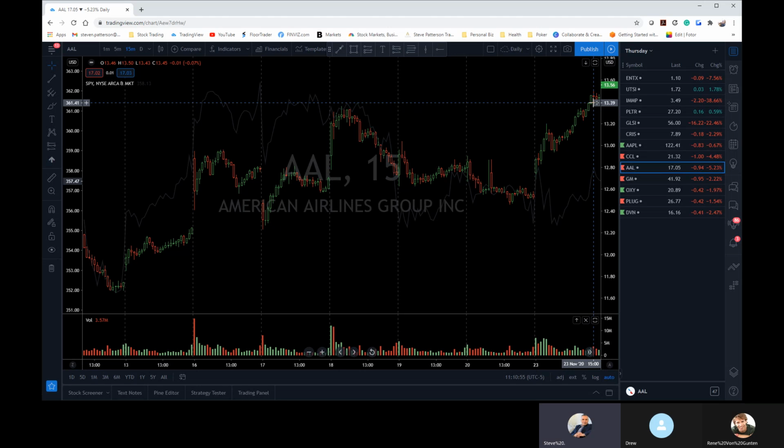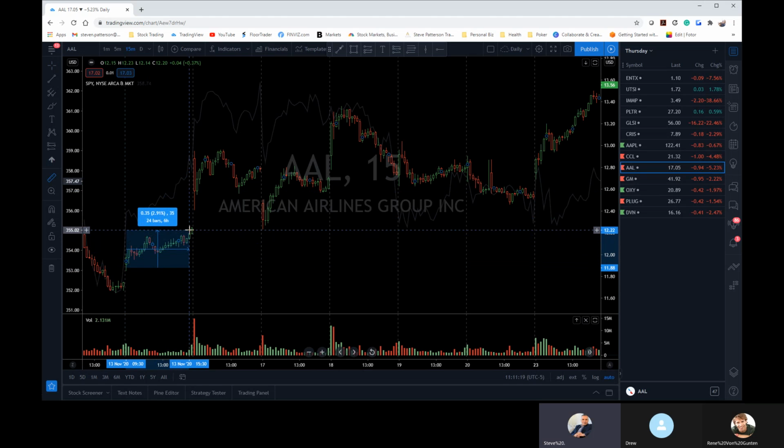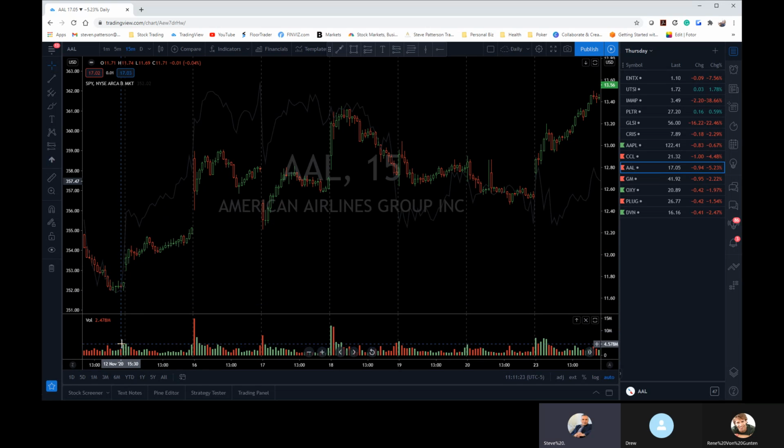Are you guys with me so far? Doesn't mean you can't have directional movement on a low volume day, but you'll notice that the volatility on this move with low volume is small. In other words, the range on this day was 2.9% on the lower volume.